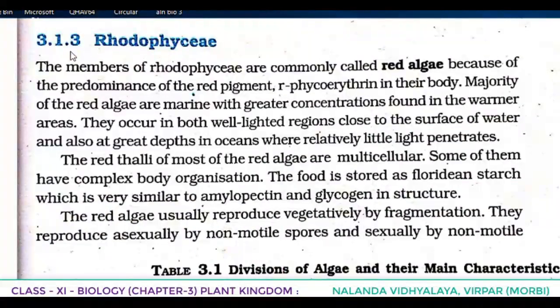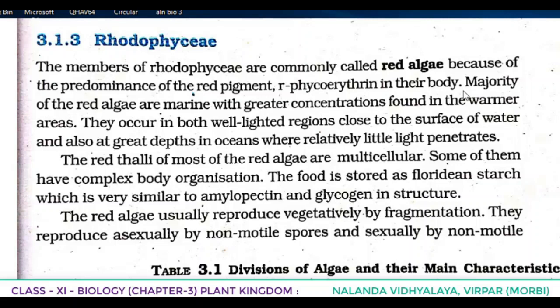Rhodophyceae. I think Chlorophyceae and Phaeophyceae, the topics are clear for you. Now the last one is Rhodophyceae. The members of Rhodophyceae are commonly called red algae because of the predominance of the red pigment R-phycoerythrin in their body. So now three classes we discussed: Chlorophyceae, Phaeophyceae, Rhodophyceae.